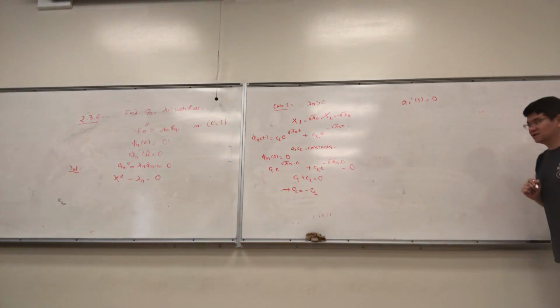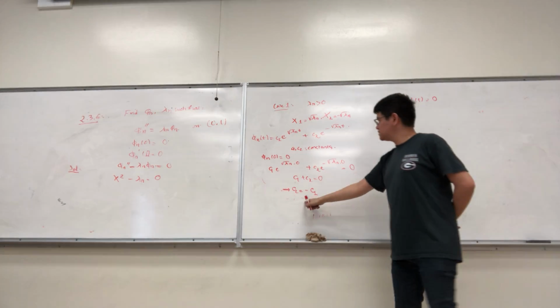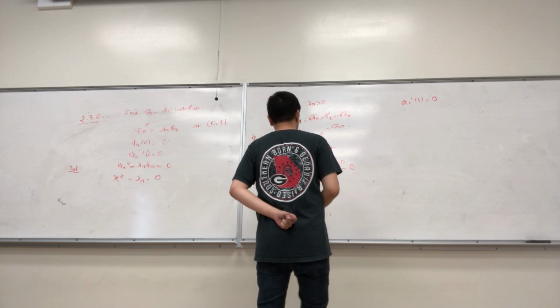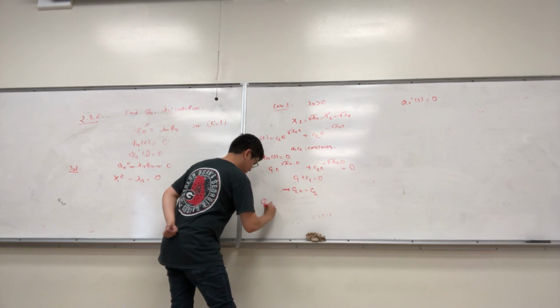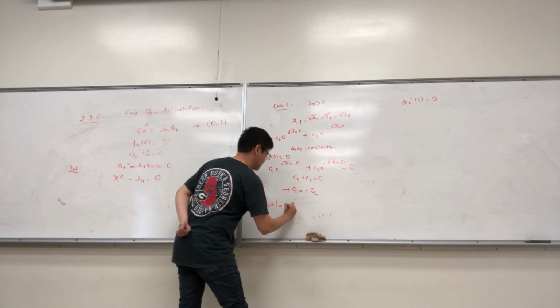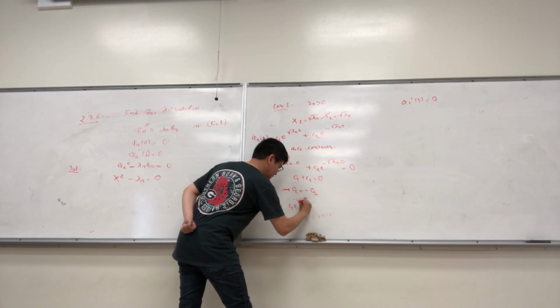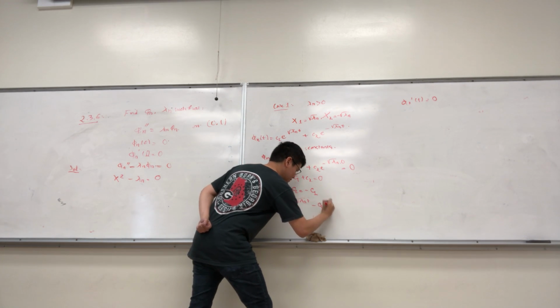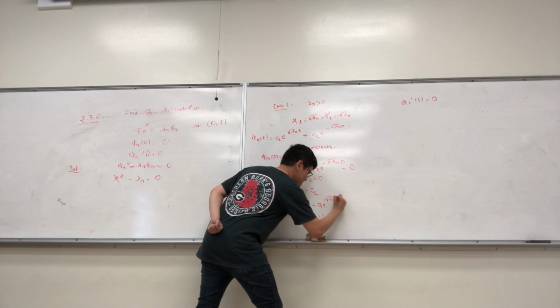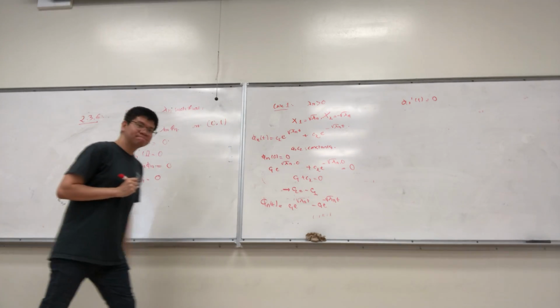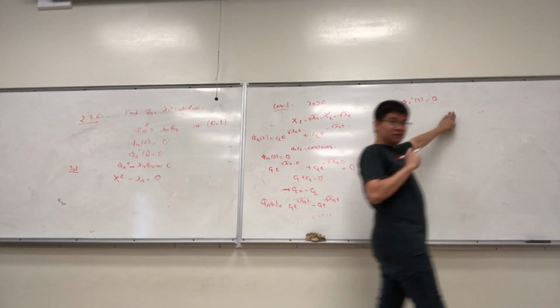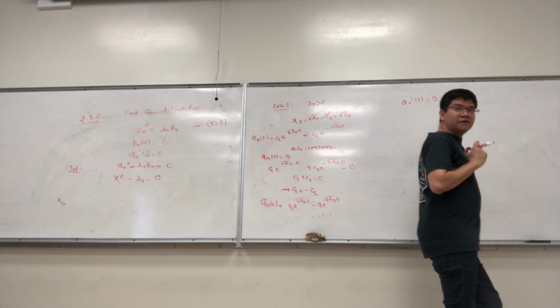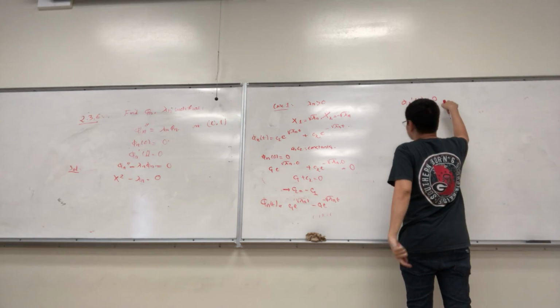In this case, phi n will be C1 e to the square root of lambda n t minus C1 e to the power minus square root of lambda n t. Now I'm going to use the second boundary condition, right? So phi n prime at 1 is going to be 0.